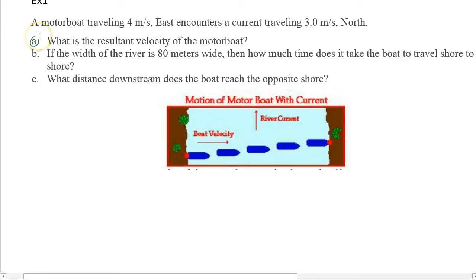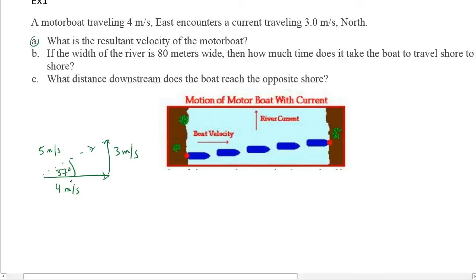So I'm just going to redo our diagram real quick. This is 4 meters per second, and then we had 3 meters per second, and then we had this resultant over here, that was 5 meters per second, and here was 37 degrees.